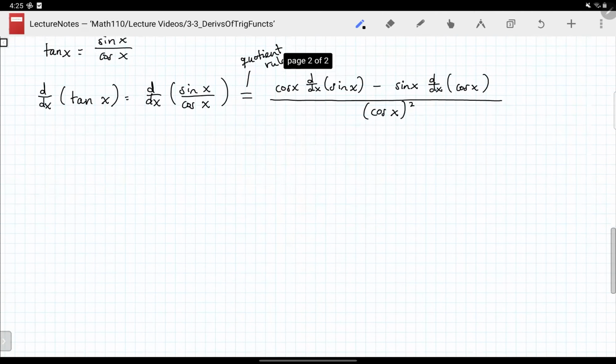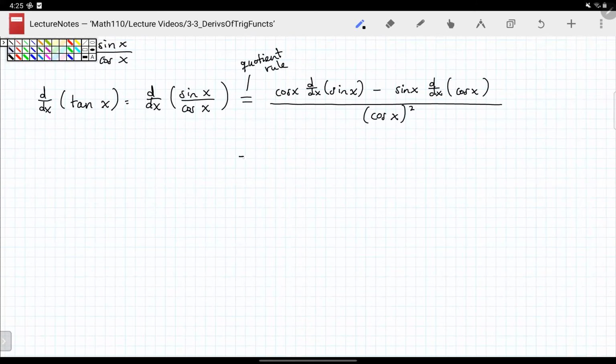Cosine of x squared. Let's do some more calculating. So this is cosine of x times the derivative of sine x, which is cosine of x, minus sine of x times the derivative of cosine of x, which is negative sine of x, all over cosine of x squared.